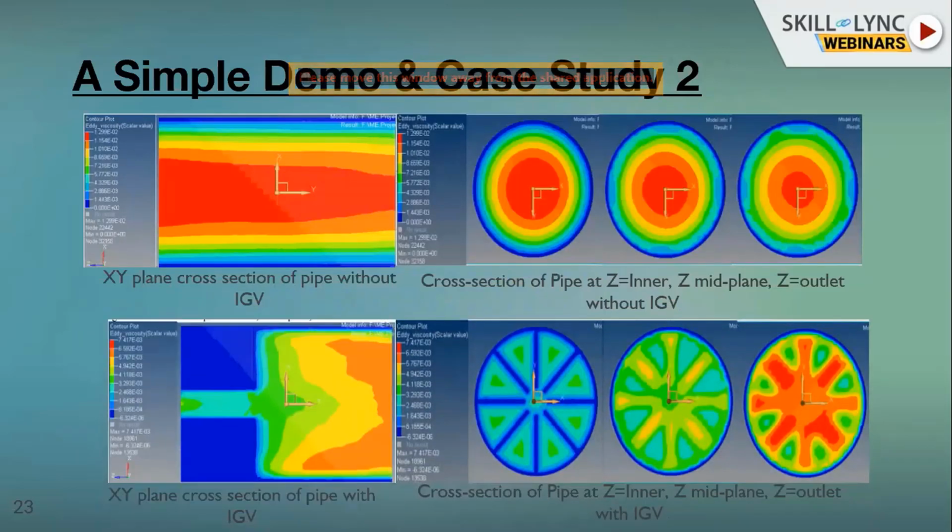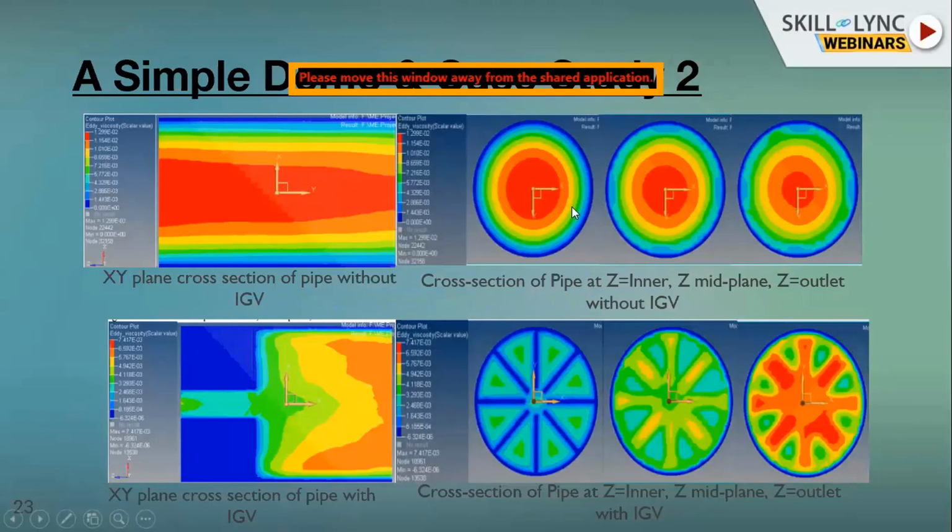So this slide shows you the eddy viscosity behavior of pipe flow with and without using inner guide vanes. As you can see here, there is non-uniformity without inner guide vanes.